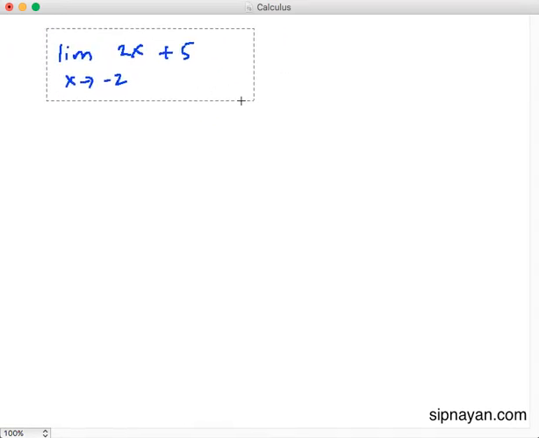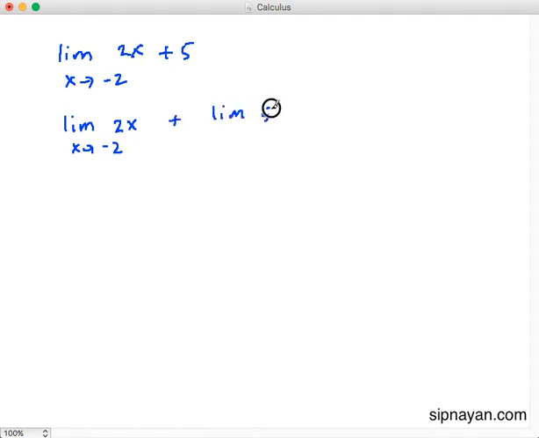So by addition, alam natin na pwede nating split ito, no, na magiging plus siya, no? So magiging limit of 2x as x approaches negative 2 plus the limit of 5 as x approaches negative 2.